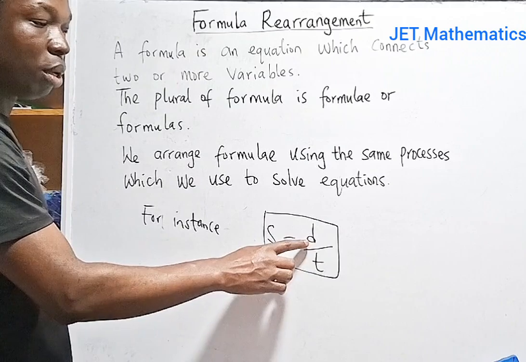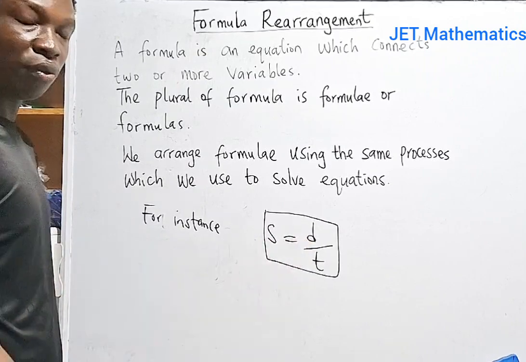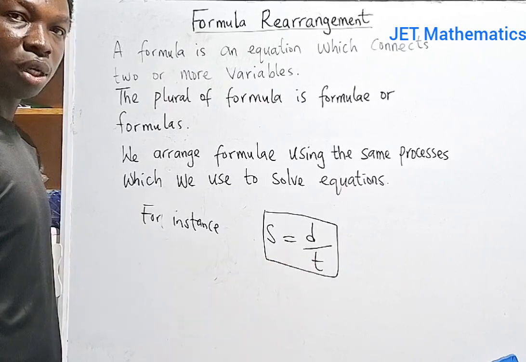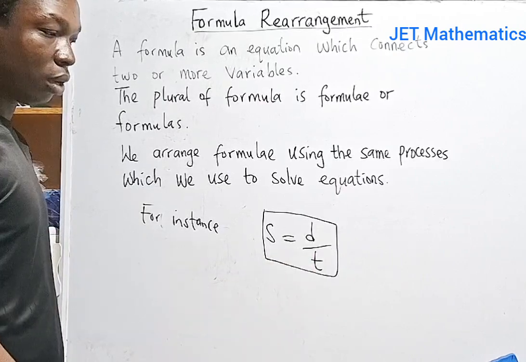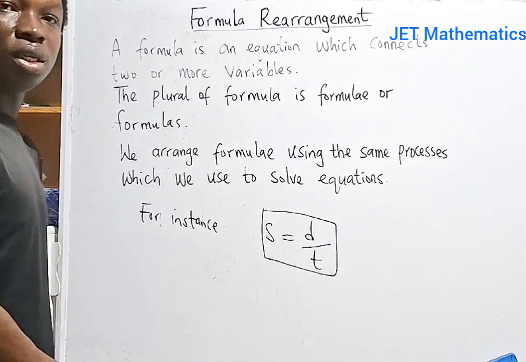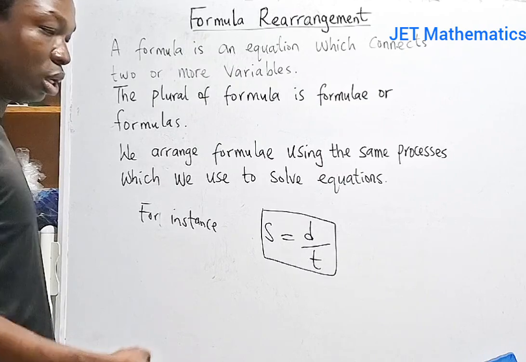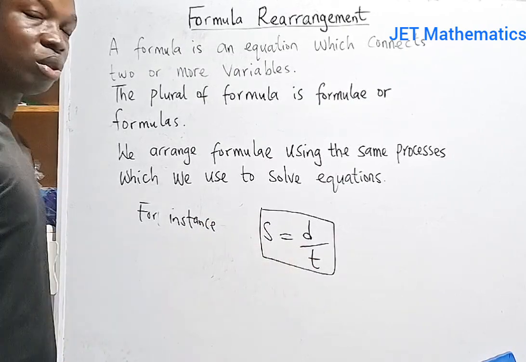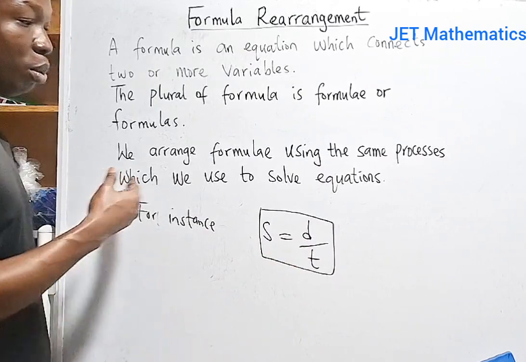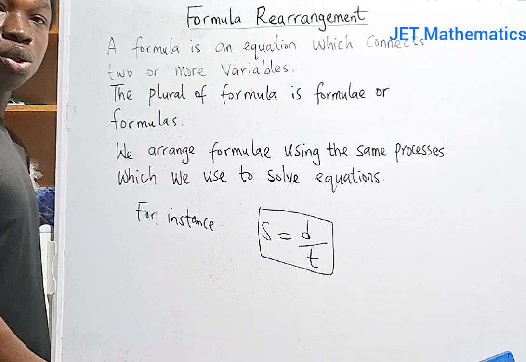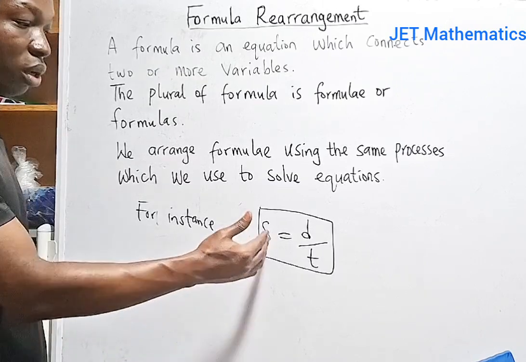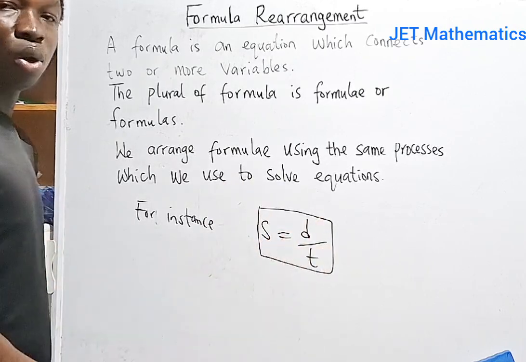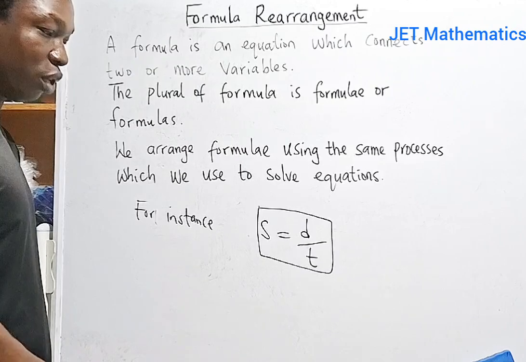We can decide to make D the subject of the formula, or we can decide to make T the subject of the formula, depending on what is given to us in the question. To make any of these variables the subject of the formula, we simply use the methods we use in solving equations. Whatever you do to the right hand side of the equation, you do the same on the left hand side of the equation.